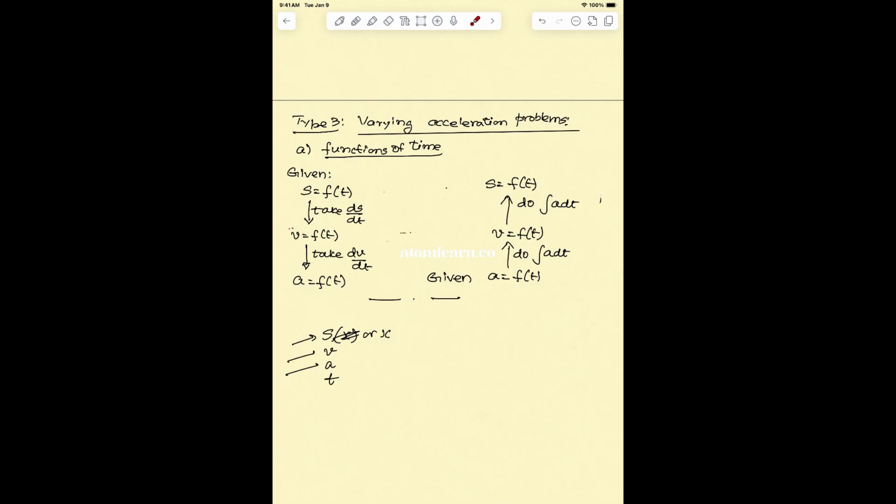In fact, mathematically we should not use the same f. We must call it g of t. And of course, when we differentiate to get the acceleration, I should have used h of t. That means different functions, whereas this gives the impression that it is the same function, which is not so. But I don't want to take too many variable names, therefore I just use the same f of t. This is a different function. That much only we should understand.